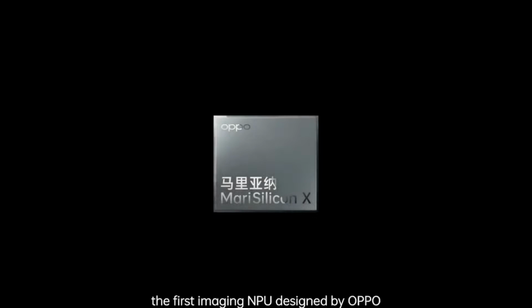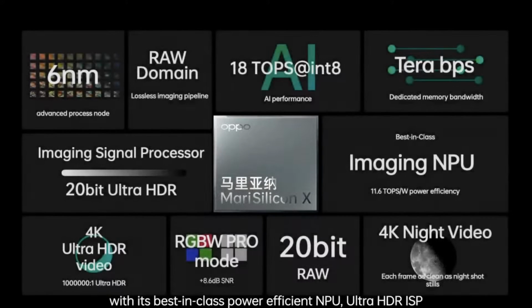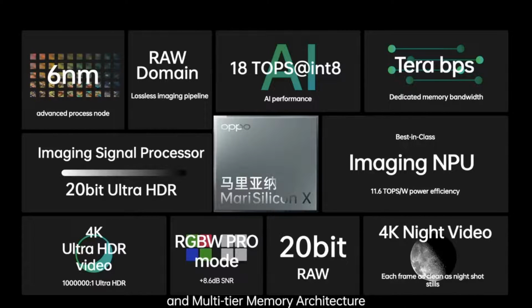So that's MySilicon X, the first imaging NPU designed by Oppo, with its best-in-class power efficiency, Ultra HDR SP, and multi-tier memory architecture delivering 18 trillion operations per second, 20-bit ultra-dynamic range, lossless raw real-time processing, and enhanced RGBW Pro mode.